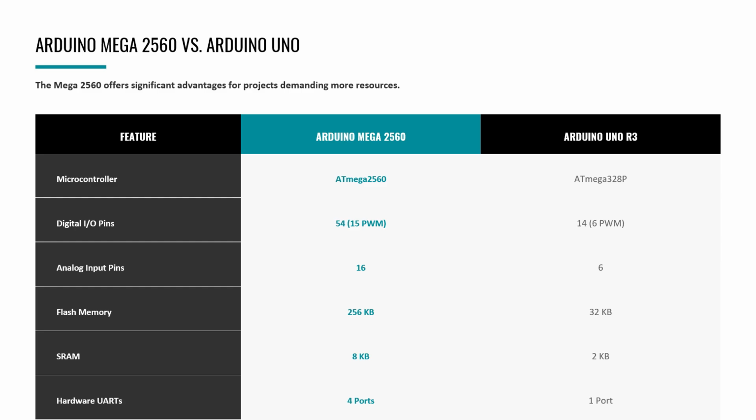In terms of memory, the Mega provides 256 kilobytes of flash memory, compared to 32 kilobytes in the UNO. Additionally, the Mega supports 4 hardware serial ports, while the UNO has only 1. Because of these advantages, the Mega is ideal for large-scale projects requiring many sensors, actuators, and communication modules.